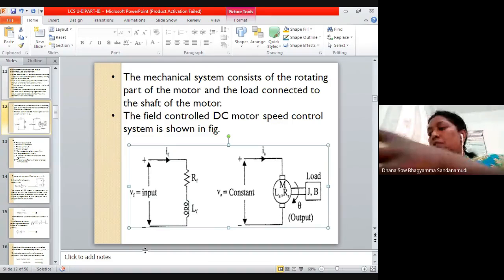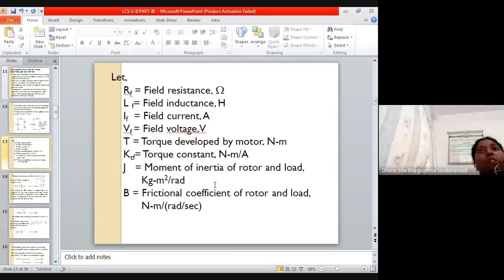Now, you know all these terms: the field resistance RF, field inductance, field current IF, field voltage VF, followed by the motor.